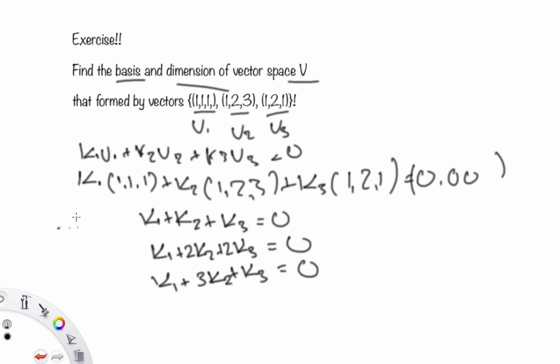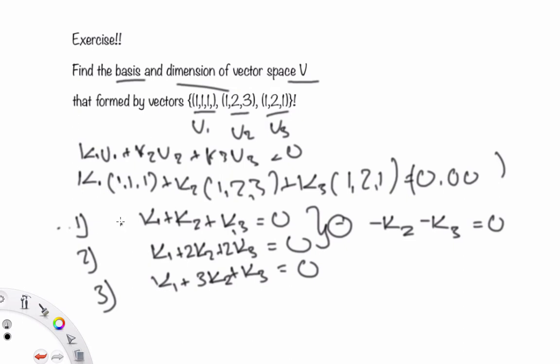I will call them the first, the second and the third equation. So we can eliminate using the first and the second equation directly, and the result is minus k2 minus k3 equals 0.